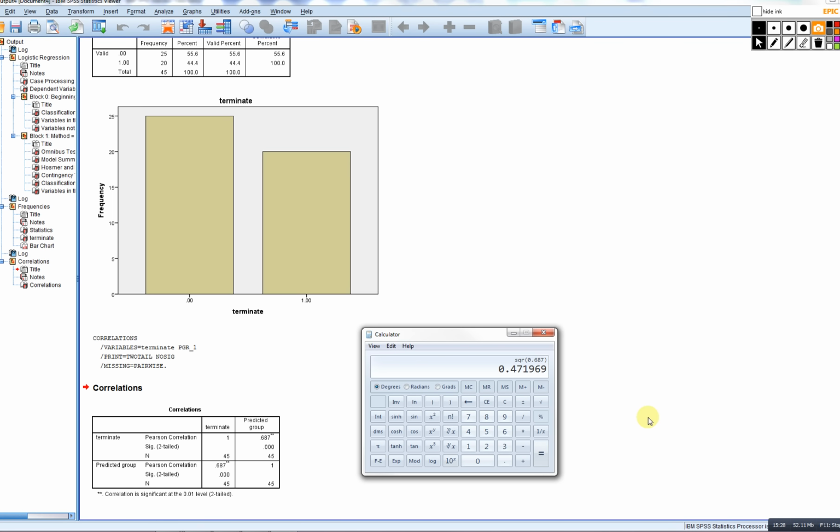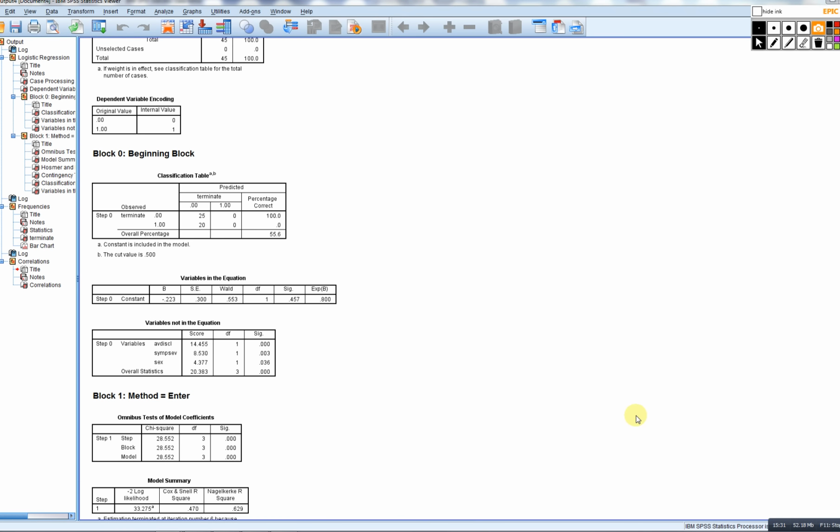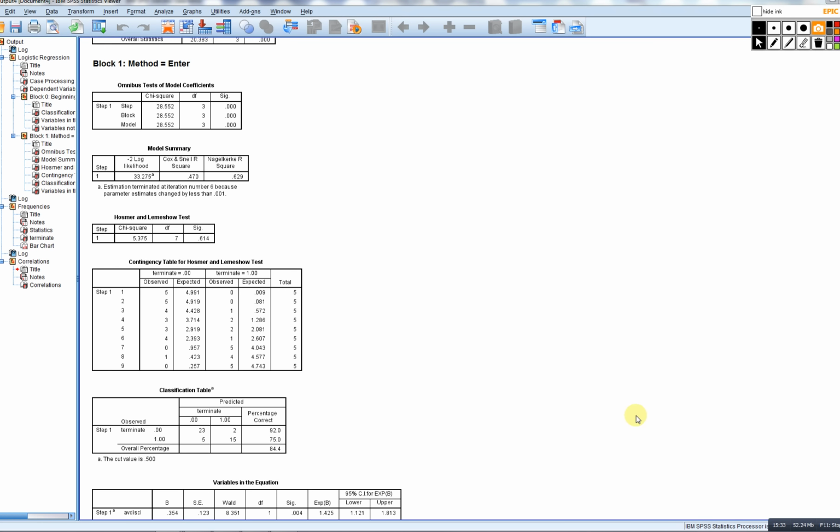So moving on, we also have the Hosmer-Lemeshow test, a goodness of fit test. This is still using a chi-square test, but in this case, what we are looking for is a non-significant value. We find that our p-value is equal to 0.614. It's non-significant, which is actually a good thing.